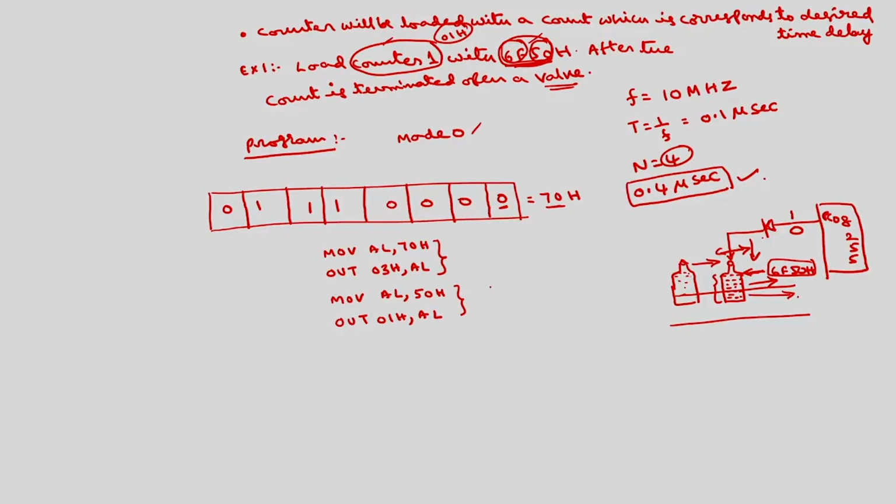This will load the lower order 8 bits of counter 1 with 50.